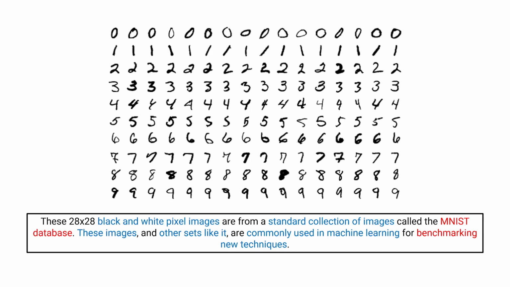So as I mentioned, these sets are very common in machine learning. One of the things that we use them for is benchmarking. Because a lot of papers have been written using this particular set of images, one group says we got accuracy of 95% and it took this many training runs. Another group comes out and benchmarks by saying, well, we got this much accuracy in this many training runs.